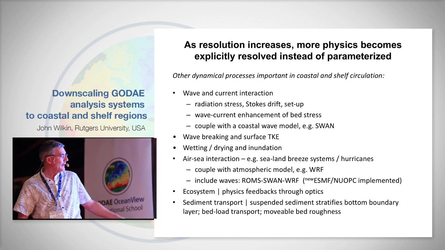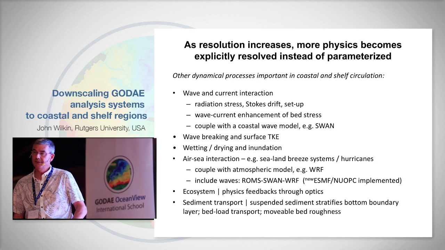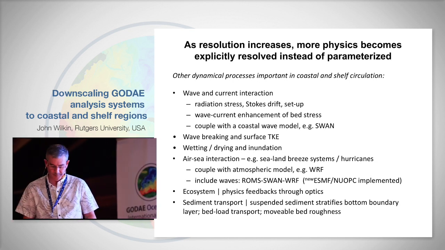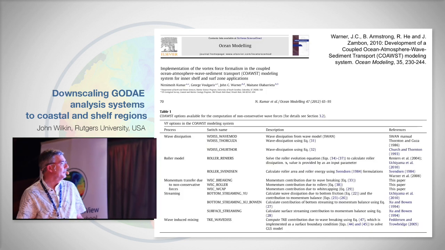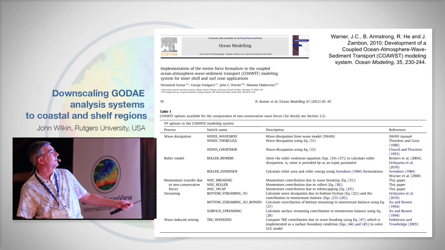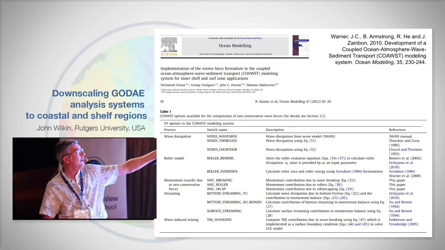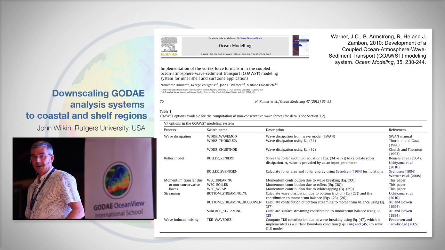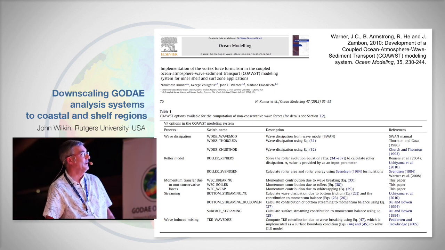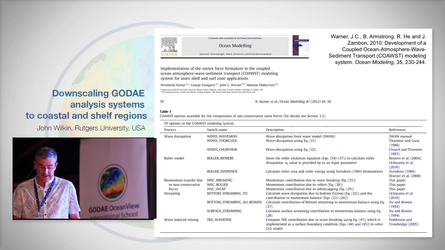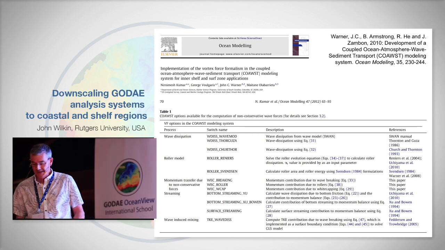So we have feedbacks between ecosystems and sediment transport in ROMS. Some of those added physical options are actually described in this paper about another version of ROMS, COAWST, which from time to time realigns with our version that we have at myroms.org. Lots more physics.